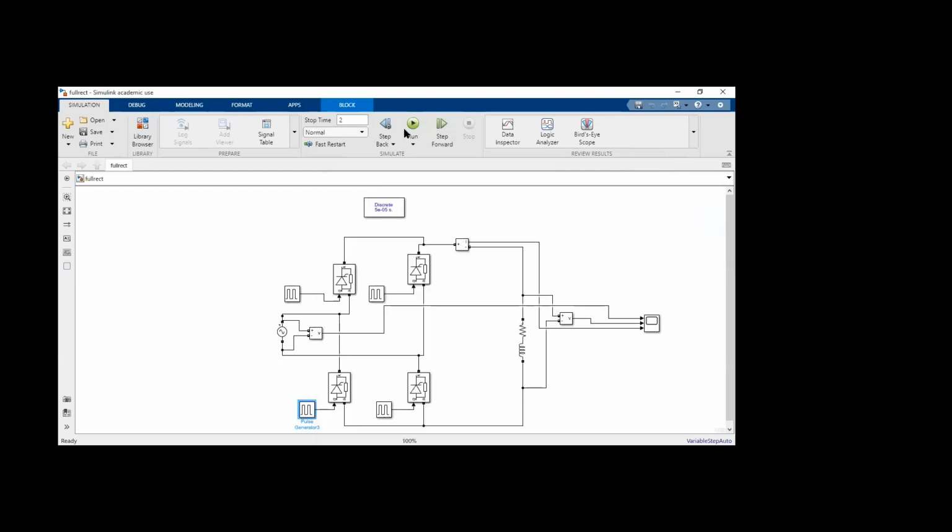Okay, now I will run the model. That is the only difference. For the bridge rectifier, the pulse generators connected to 1 and 4 will be the same, at 30 degrees. The pulse generator connected to 2 and 3 will be 180 plus 30. Okay. Now I have considered an RL load.